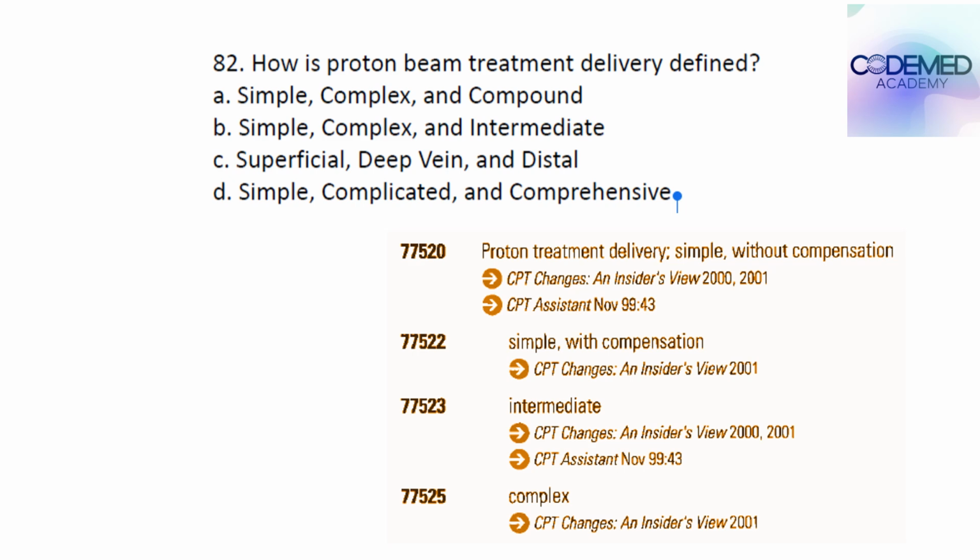Pick up that code and go to that particular chapter, and then we can see that proton beam treatment delivery is defined as simple, intermediate and complex. Simple, complex and compound is not the correct answer. So the correct answer is B, because it talks about simple, intermediate and complex.